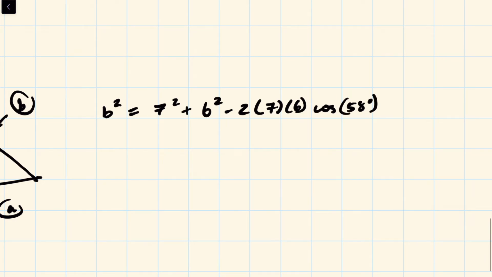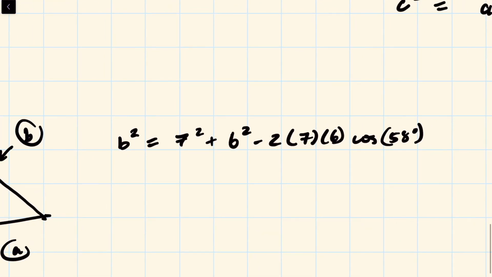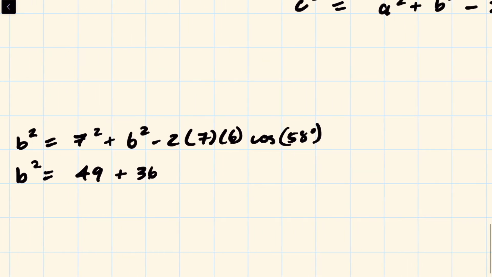Okay, so b squared is equal to 7 squared, 49, plus 36 minus 2 times 7 times 6, 84. Yeah, I think 84. And then that's by the cosine of 58.